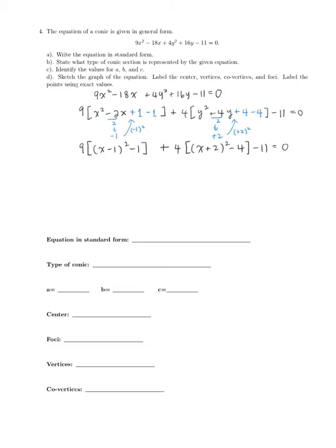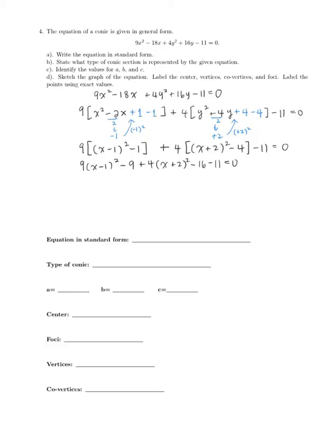Okay, so now what I'm going to do is distribute the 9 and the 4 into each of the brackets. So here what we're going to get is 9(x minus 1) squared minus 9 plus 4(y plus 2) squared minus 16 minus 11 equals 0.